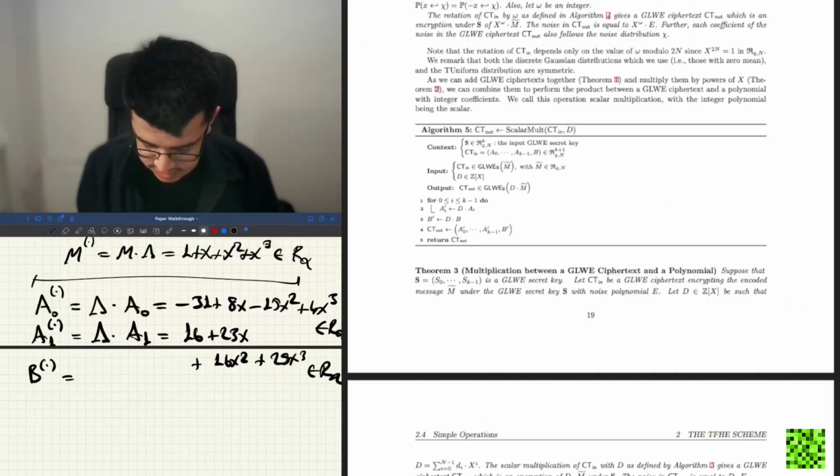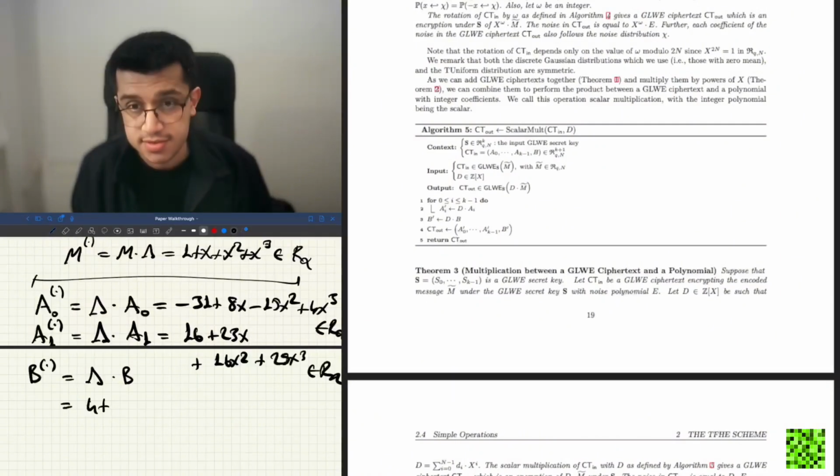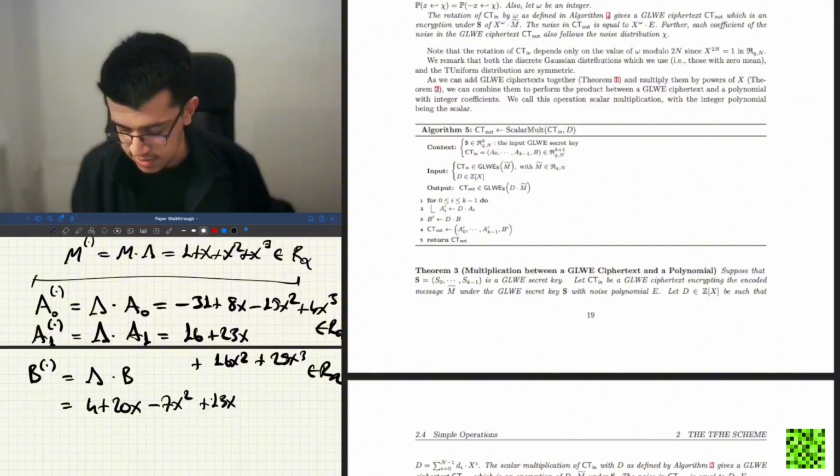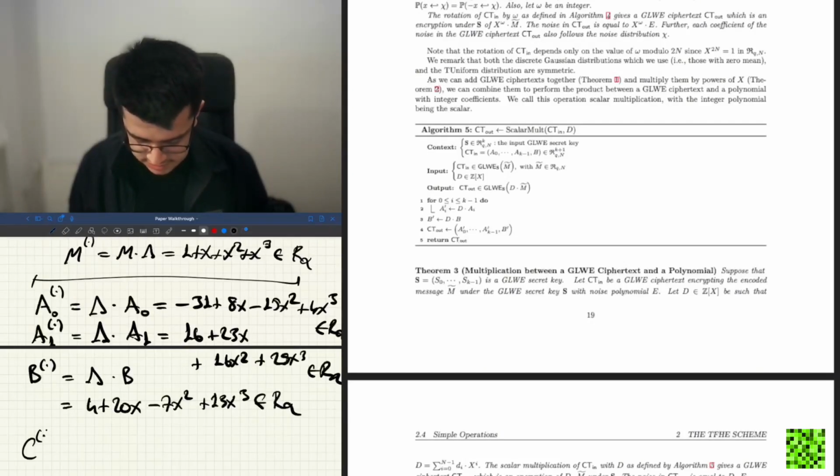B dot is again the same, alpha times B, which is equal to 4 plus 20x minus 7x squared minus 13x cubed from R_Q. So we have this new ciphertext C dot, which is equal to (a0 dot, a1 dot, B dot).